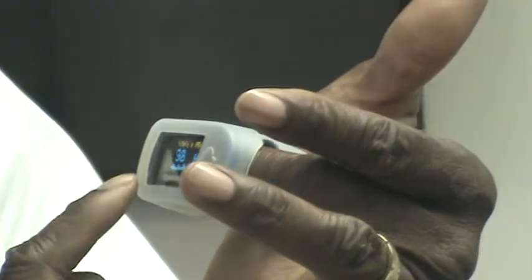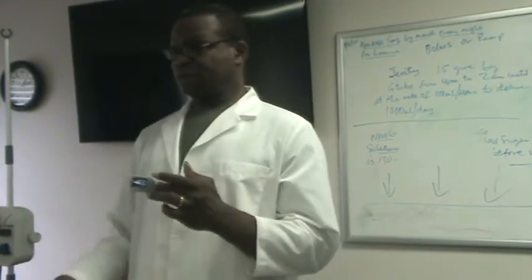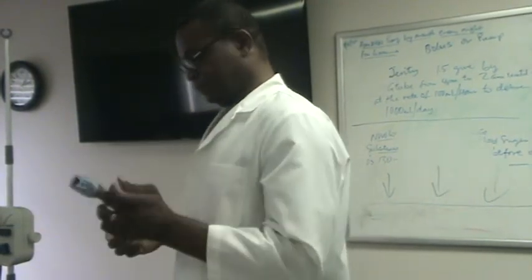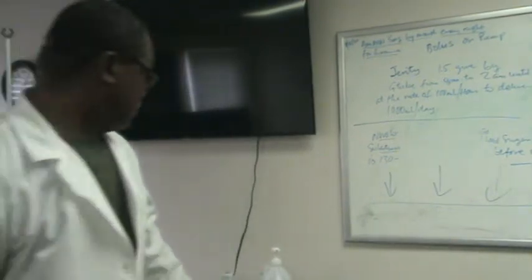On the right will be my pulse. My pulse is 64. My oxygen level is 98%. So between 96 to 100 is good. Anything less than 95, they might need to get the nebulizer treatment. All right. You can try it out if you want.